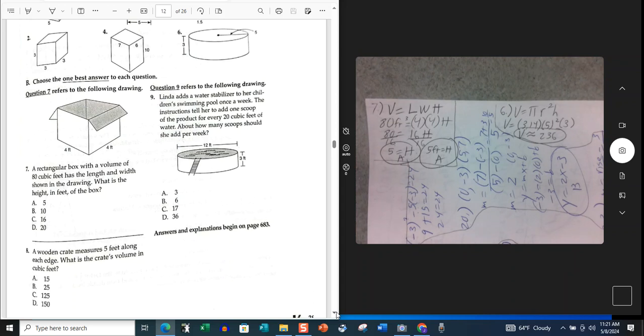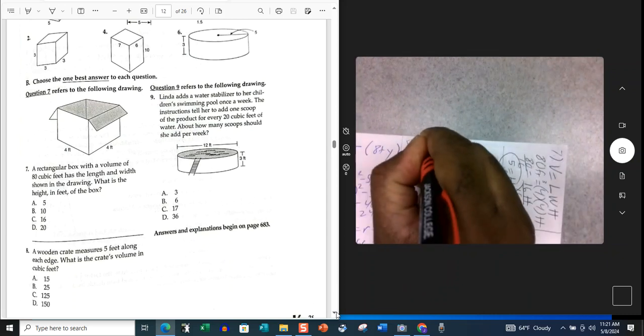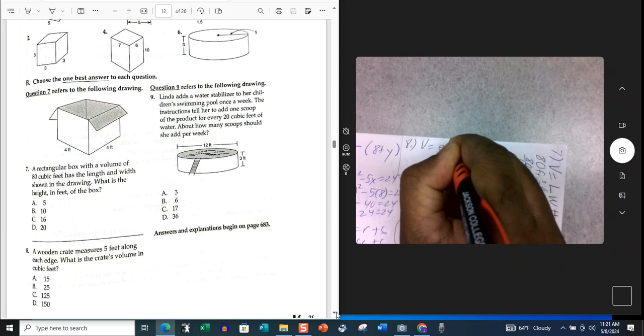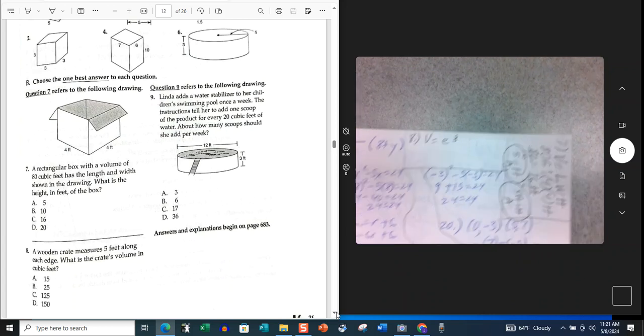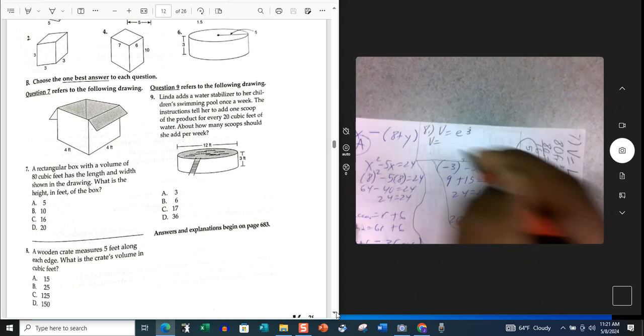Now we go to problem 8. It says a wooden crate measures 5 feet along each edge. What is the crate's volume in cubic feet? Now remember, a crate is in the shape of a cube, so that means all of the sides are the same. So for number 8, the volume is equal to the edge cubed.